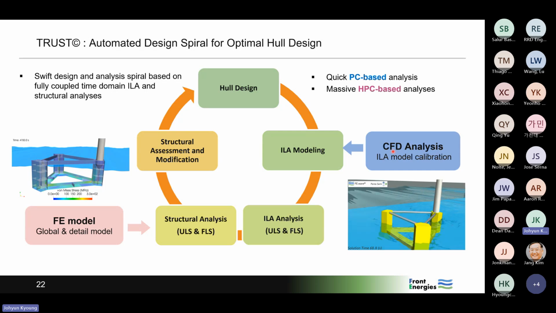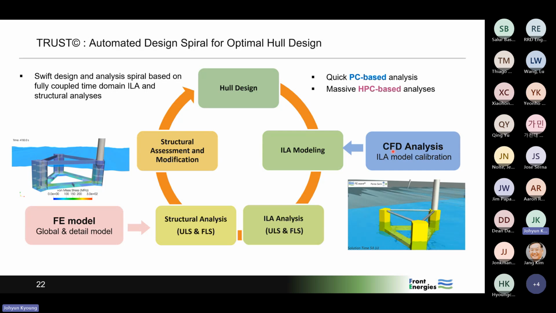From the hull design, at the hull sizing stage, we generate the ILA model, for example an OpenFAST input template model, and the naval architects tune all the hydrodynamic coefficients utilizing the CFD analysis. Then, using this ILA result, the TRUST is applied with the FE model.